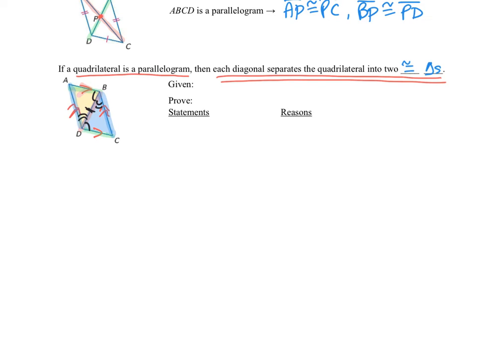So we're going to start with what we were given. We're given the information in the hypothesis that we have a quadrilateral that's a parallelogram. So we're going to say that quadrilateral ABCD is a parallelogram.